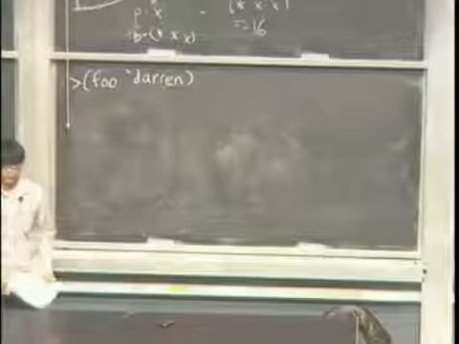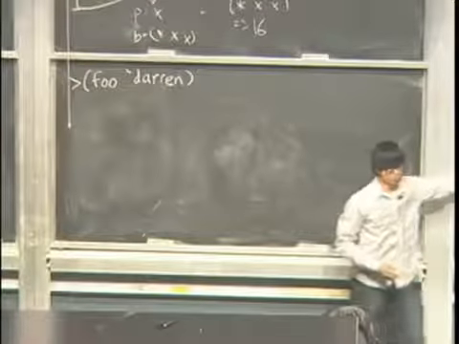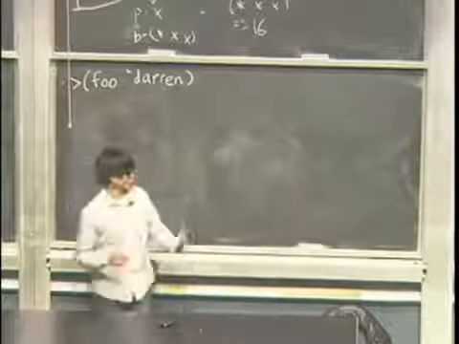Okay, so say I have these procedures defined, procedure foo and bar, and then name defined in the global scope. And then I call foo with argument Darren.